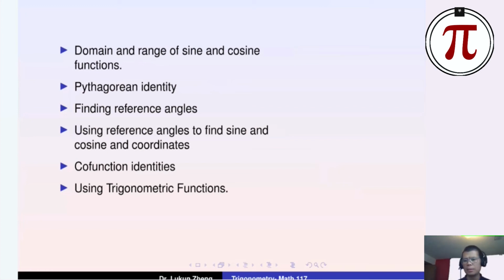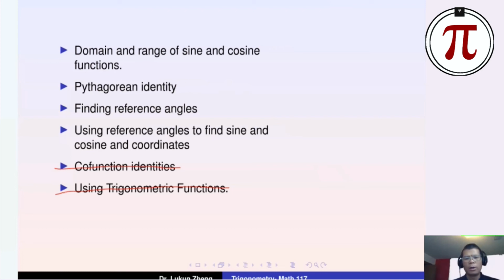Pythagorean identity, finding reference angles. What is the reference angle, right? Using the reference angle to find the sine, cosine, and the coordinates. Okay. Cofunction identities, and well, these ones. Okay, not this. Sorry, should have time. Okay, that's it. All right, section 1.3.